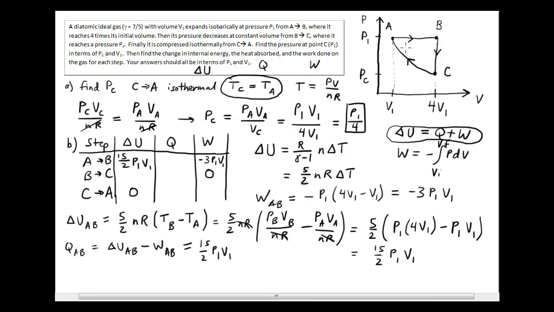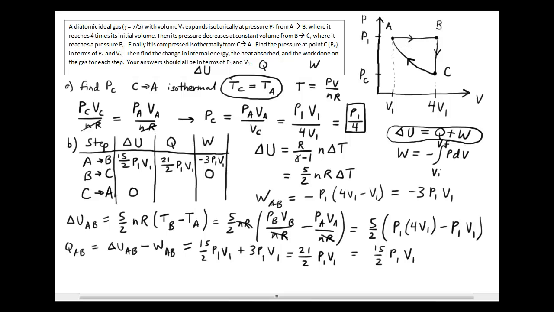WAB is negative, so minus the negative is positive, so it's actually plus 3 P1 V1, and 3 is the same as 6/2. 6 plus 15 is 21, so I get 21/2 P1 V1. So I can plug that in here. All right, so we now have A to B completely done.